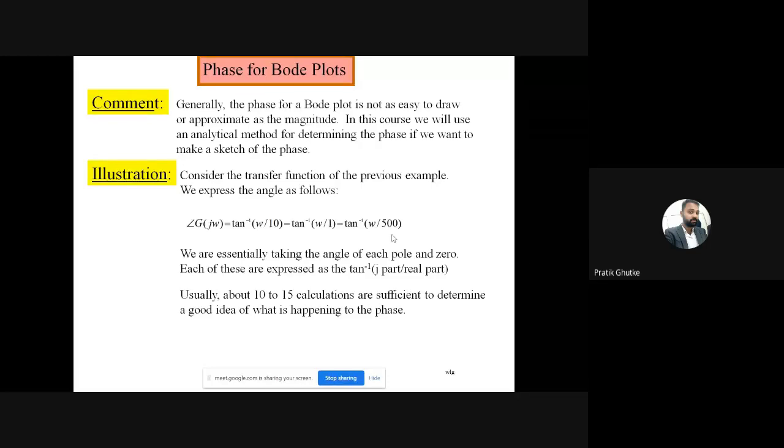Usually about 10 to 15 calculations are sufficient to get a good idea of the phase plot. So ω can be varied from 0 up to your last corner frequency. Say, for example, I have corner frequencies of 1, 10 and 500.